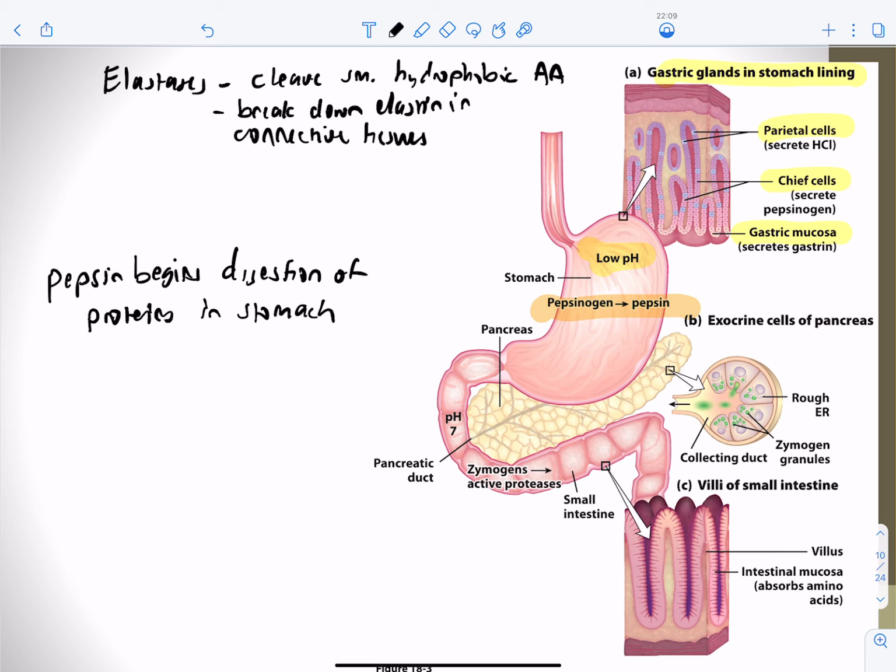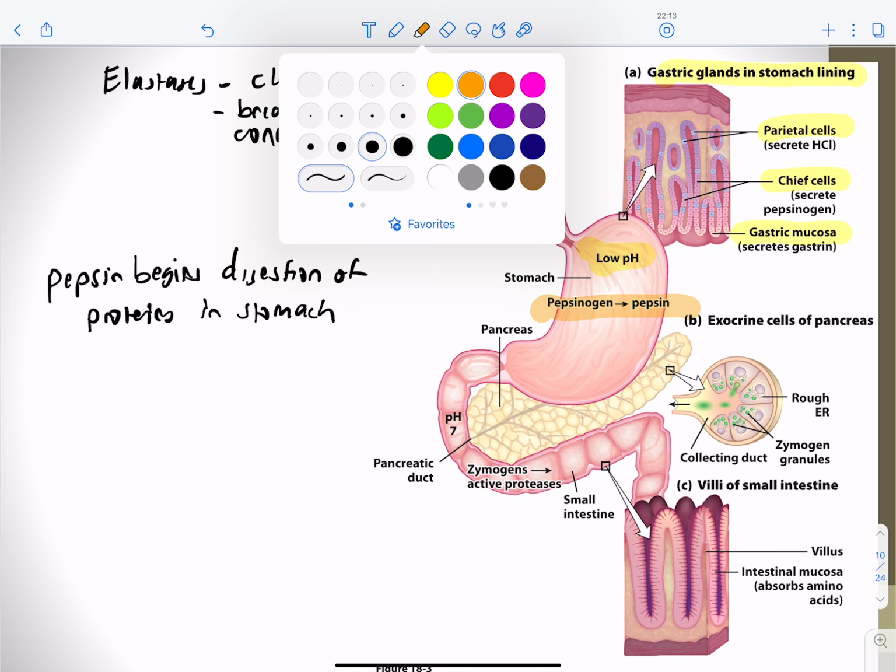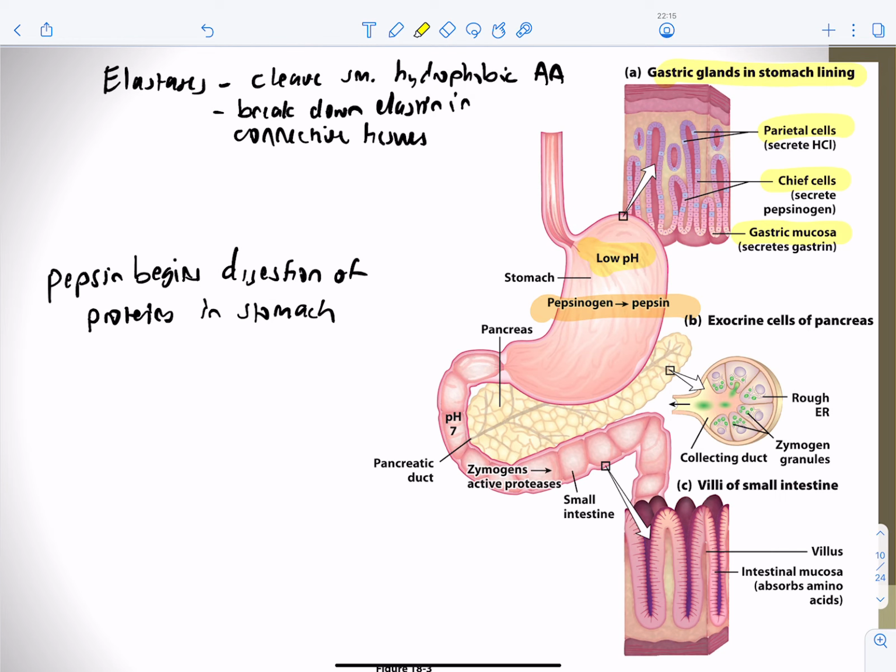And so here's your pancreas. Sorry, let's go back to this one. You have your collecting duct, you have your zymogen granules, and you have your rough ER, which is, of course, just like in any other cells where the proteins are being made. These green things are your zymogen granules that are being released into the collecting duct.